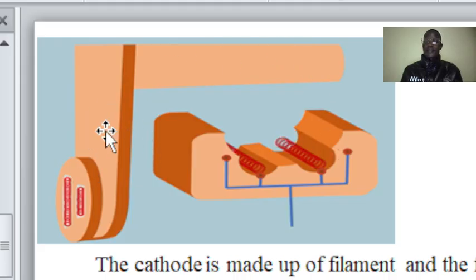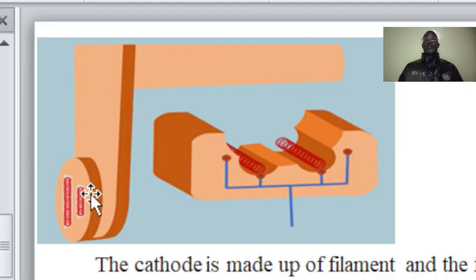Now, the filament is made up of a material of high melting point, and the material that meets this standard is the tungsten that we use even in our anode target. Tungsten has a high atomic number, making it have a lot of electrons that can be released, and it can be drawn into a wire, which increases the surface area upon which the electrons are going to be produced.